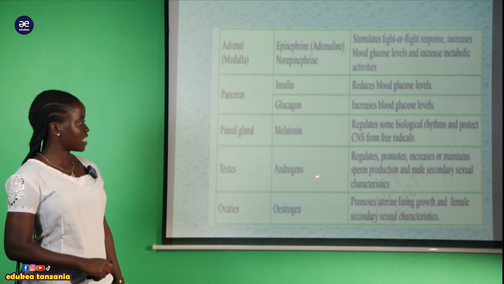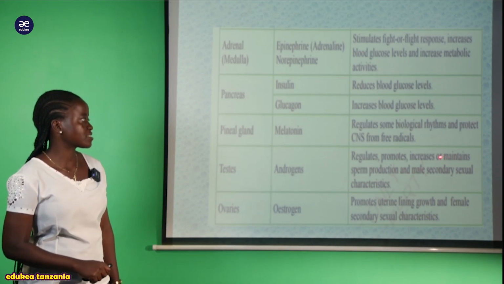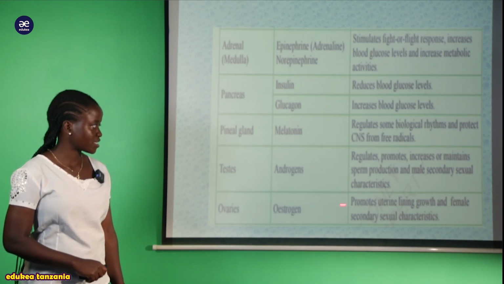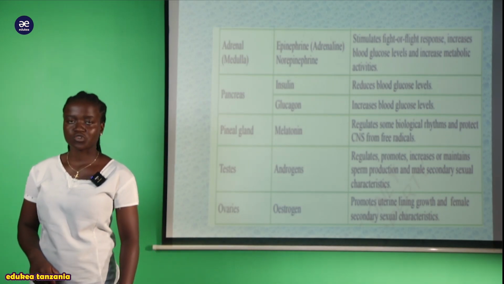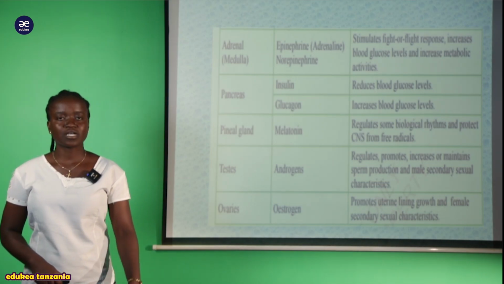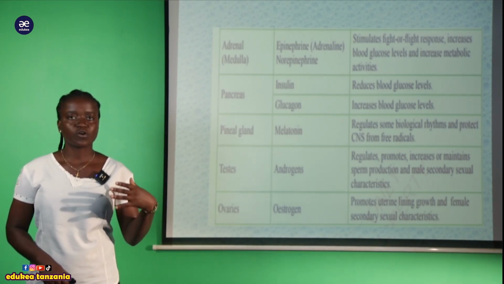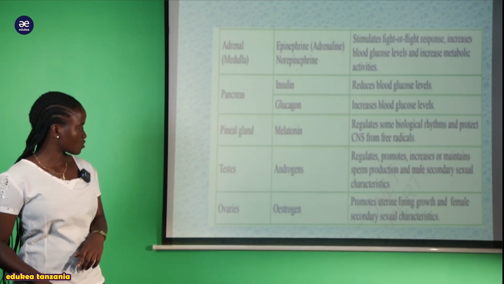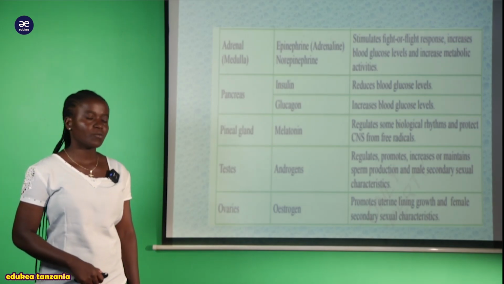So this is testosterone to promote growth, increase and maintain sperm production and the male secondary sexual characteristics. When we are talking about male secondary sexual characteristics, we are talking about a deepening voice, growth of pubic hair, and so on. It is these hormones, which we call androgens or testosterone hormone, that are responsible.